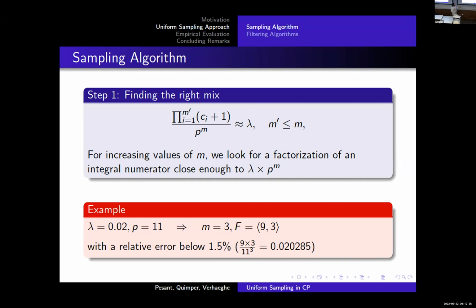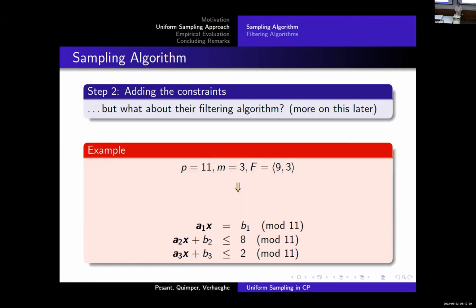So we factor it here as 9 and 3. So we'll have 2 inequalities, one corresponding to this right-hand side, the other one here. And out of 3, there's 1 equality as well. If we compute this, you see that the relative error is below 1.5. So we can get pretty close. And actually, we use an epsilon. We decide how close we'd like it to be. Okay, so that's the first step.